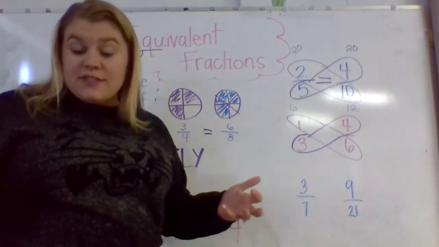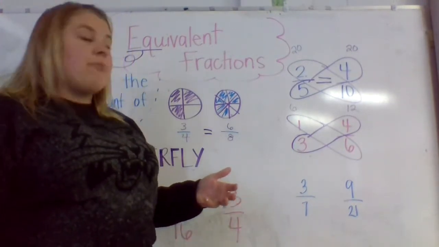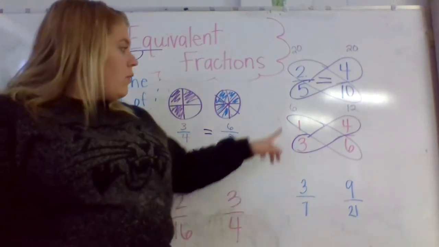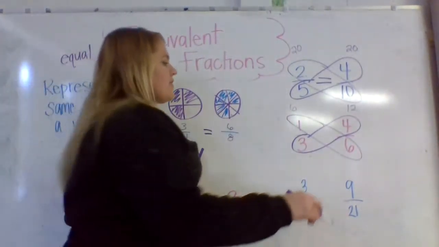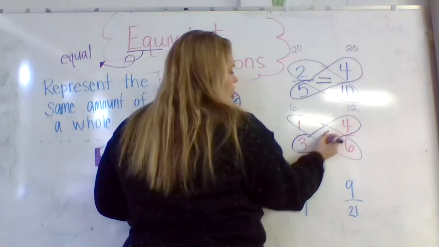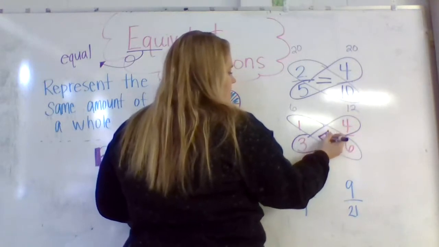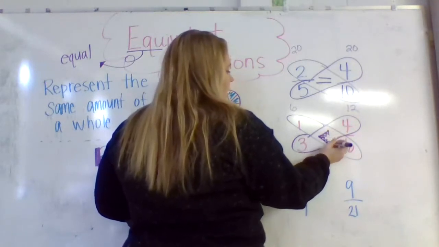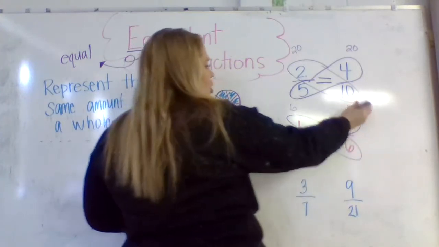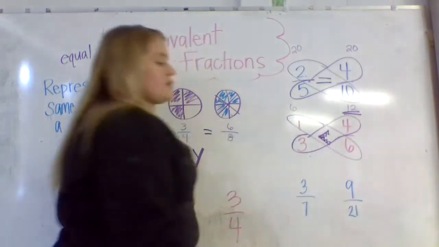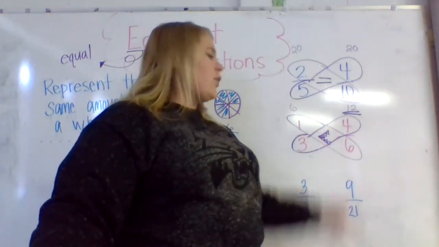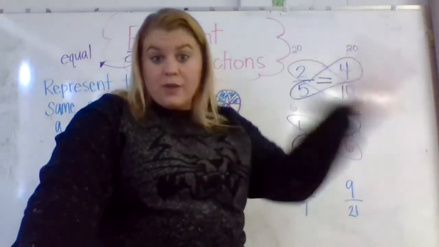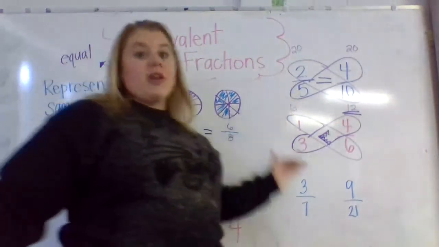So there's no way this fraction can be equivalent, but I can go ahead and compare it. What's bigger, 6 or 12? We know 12 is bigger. So you're going to want to draw your alligator. You can even give him some teeth. He's facing our bigger fraction, our bigger number. So when we would read this one, we would say 1/3 is less than 4/6. That's something you'll do in about a week. That's just a little preview of it.